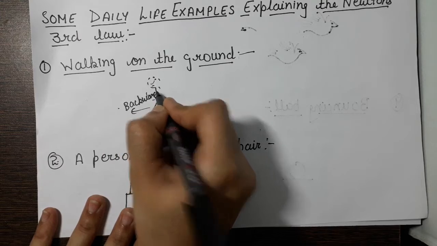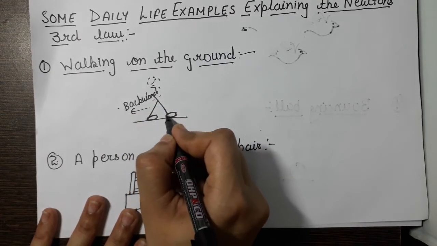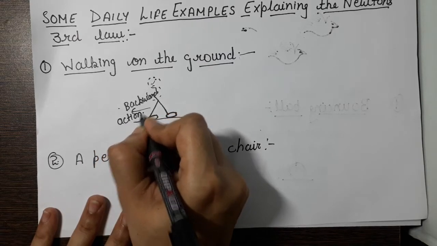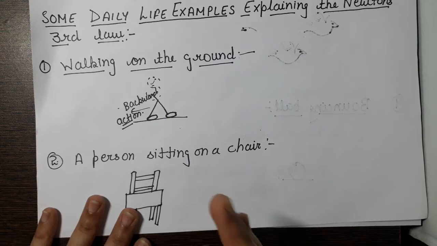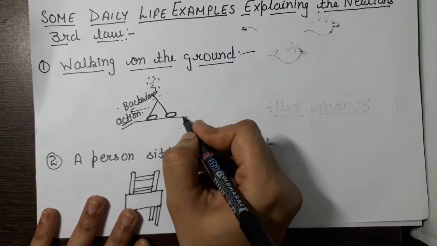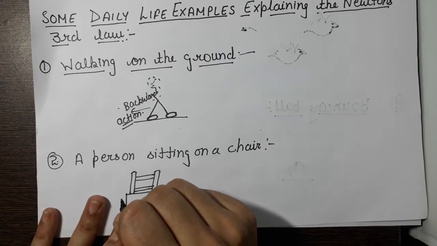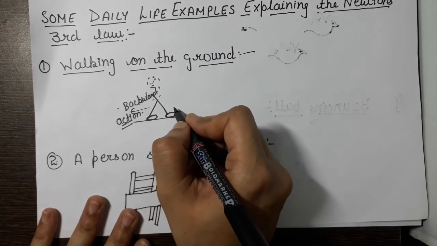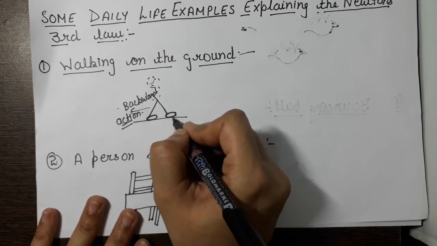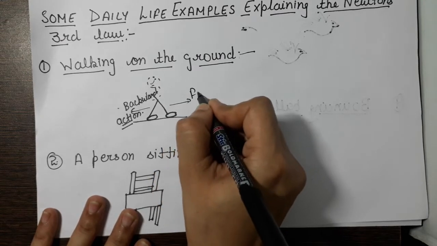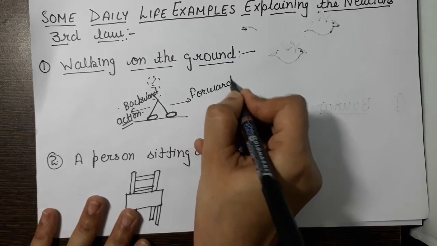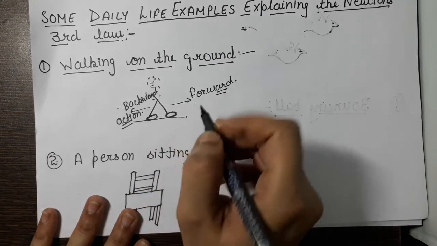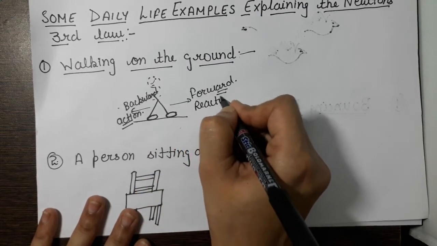So this force which is applied by the person with the feet to the ground is his action. Now if there is some action, then there will also be some reaction applied by the ground to the man's feet. Then what will the reaction be? The ground will apply a force on the man's feet, but in the forward direction. So the force applied by the ground to the feet is the reaction.